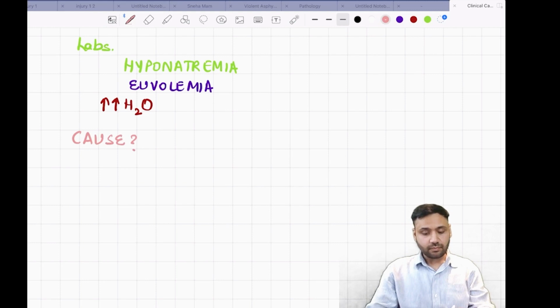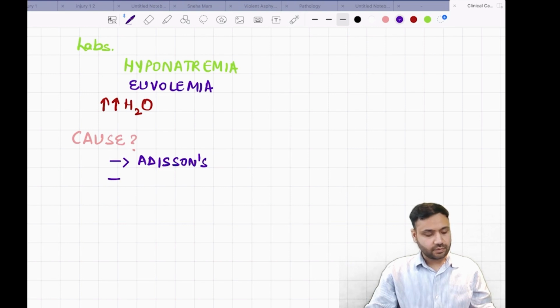Now, there are 4 commonly tested conditions for euvolemic hyponatremia, and these are Addison's. The second one is psychogenic polydipsia. The third one is hypothyroidism.